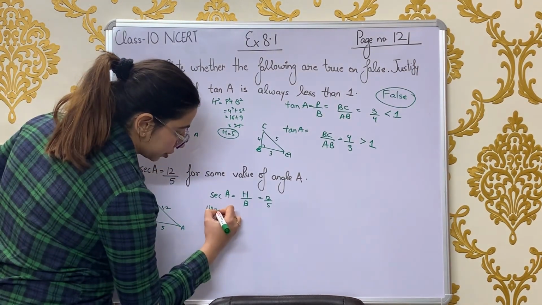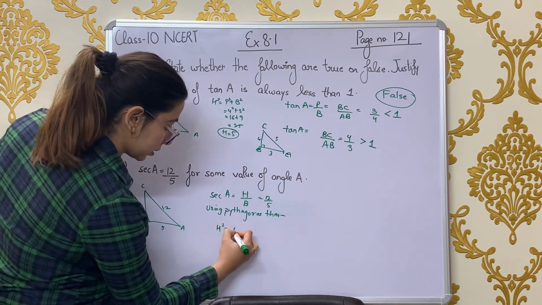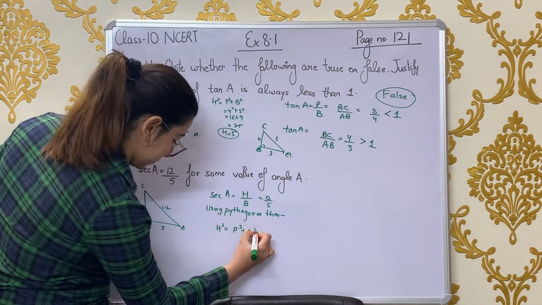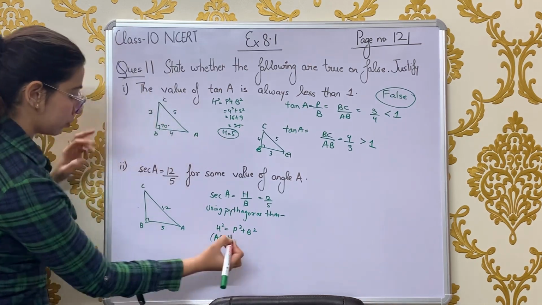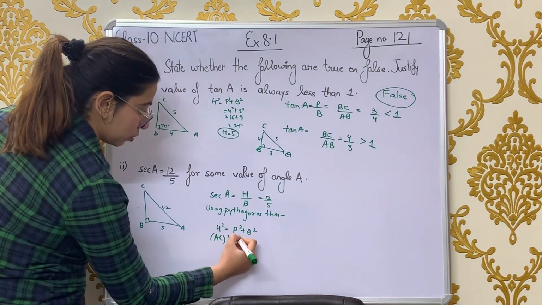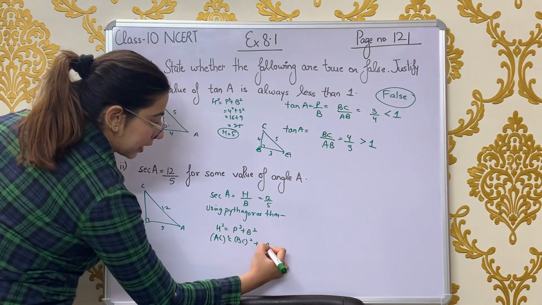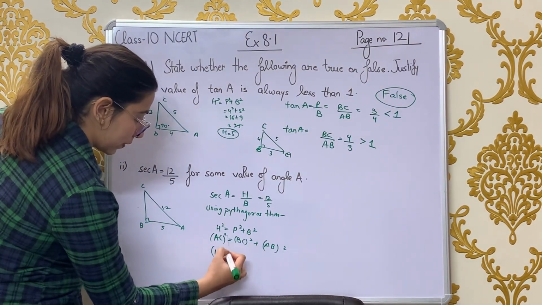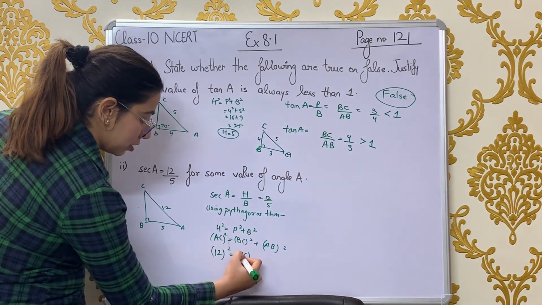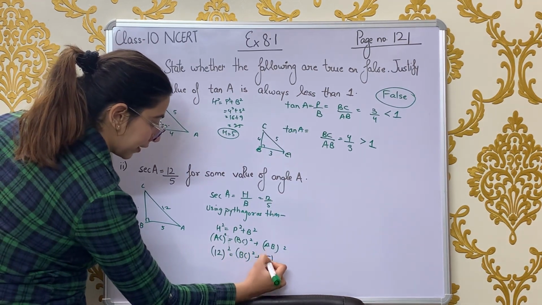Using Pythagoras theorem, hypotenuse square is equal to perpendicular square plus base square. So hypotenuse is AC. AC square is equal to perpendicular square, which is BC whole square, plus base square, which is AB whole square. AC is 12. So 12 square is equal to BC whole square plus AB square, which is 5.